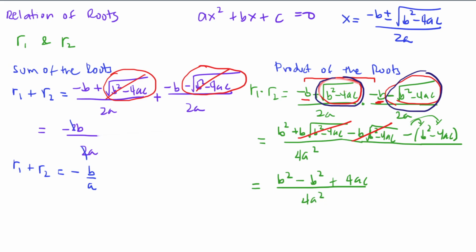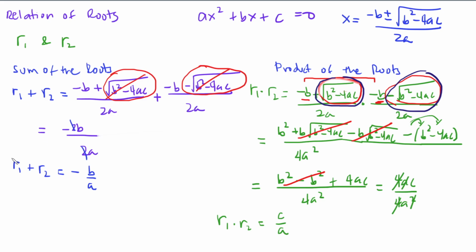So b squared cancels out, and we are left with 4ac over 4a squared. Cancel 4, cancel a. So we are left with R1 times R2 is equal to c over a.